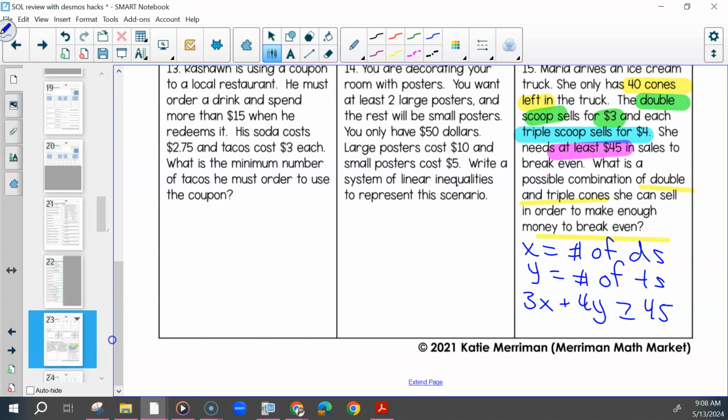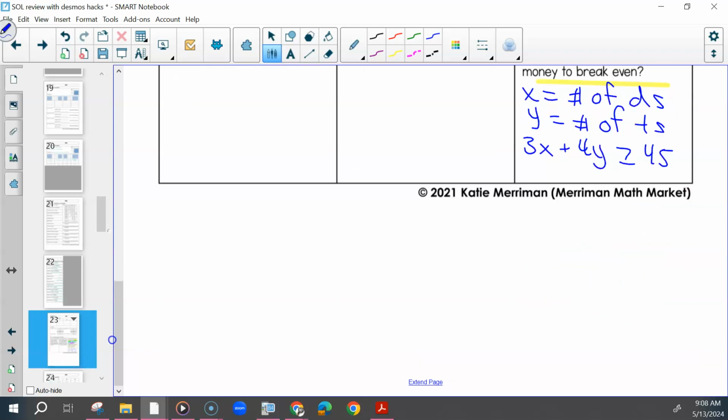Then we have just one more number left of 40. It says she has 40 cones left in her truck. What symbol would we use? Less than or equal to. Because we can go up to 40. We could go less than that, we can go up to 40, we just can't go past that. And then, if 40 is the number of cones total, what would we add together?